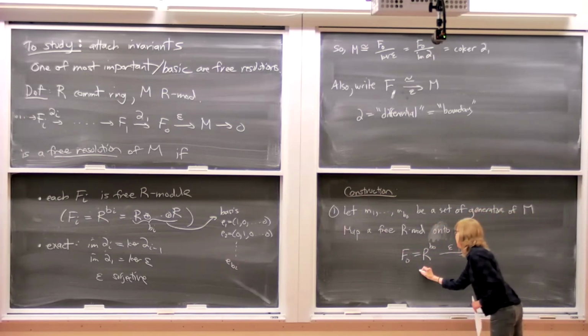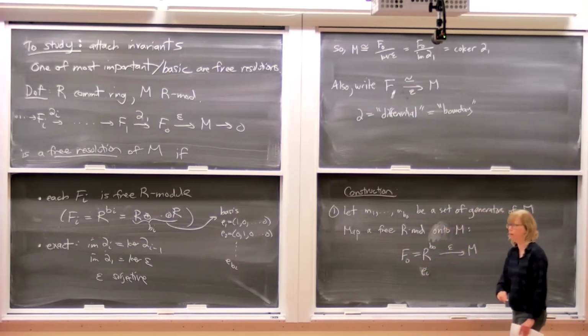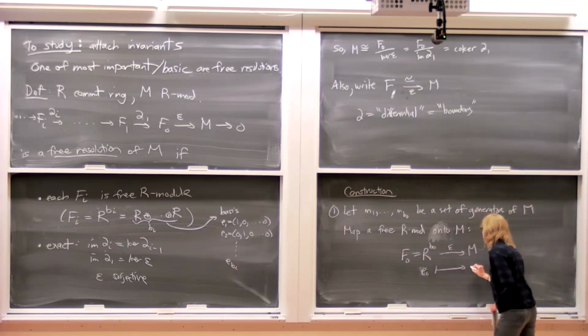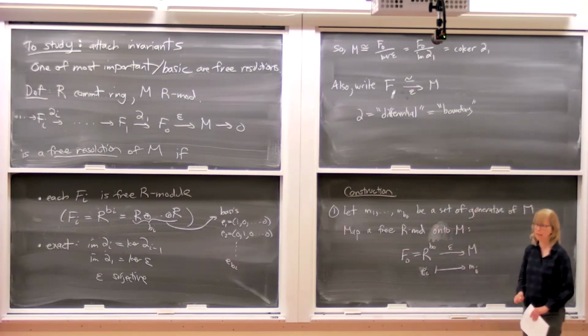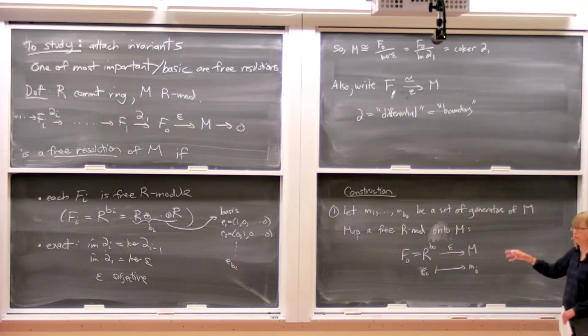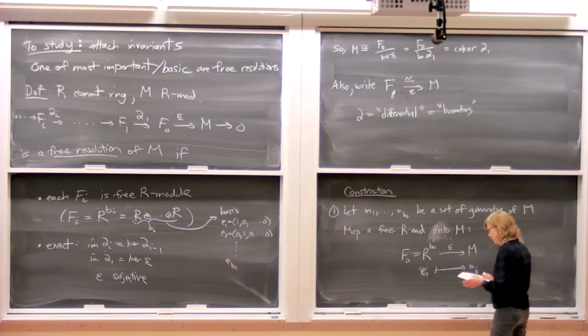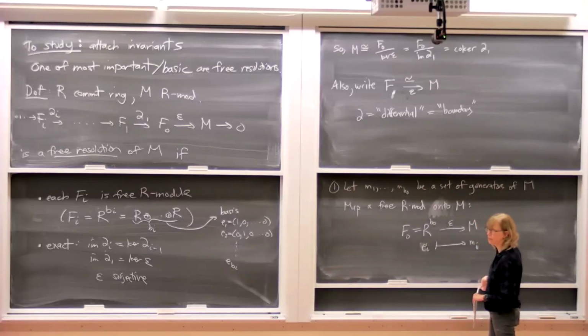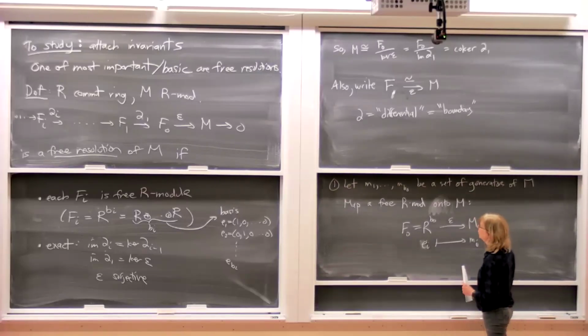Epsilon goes to M: you take the ith basis element, E sub i, which is really 0, 0, 0, 1, 0, 0, 0, and you map that basis element to the ith generator, Mi. Doesn't need to be countable either. And this map is surjective by construction because you hit all the generators. Could be any set of generators.